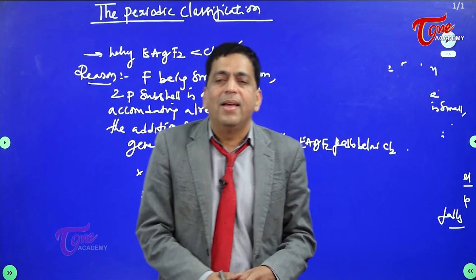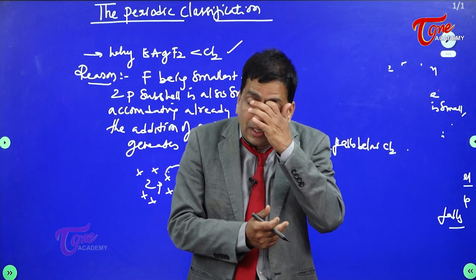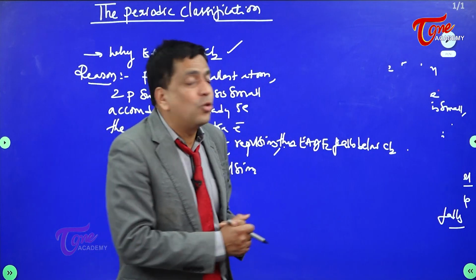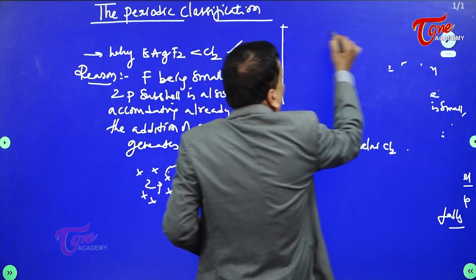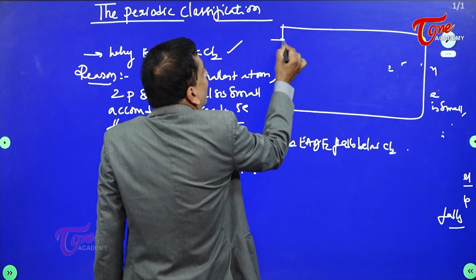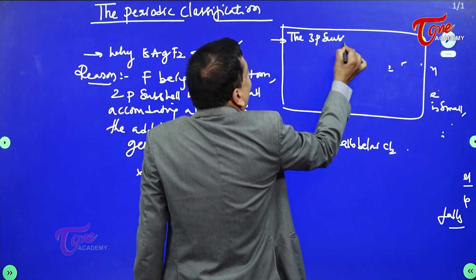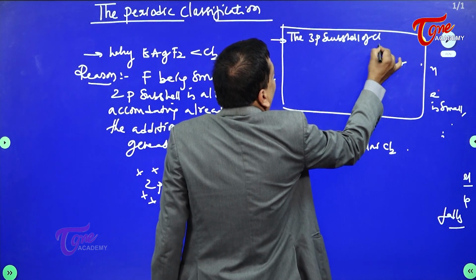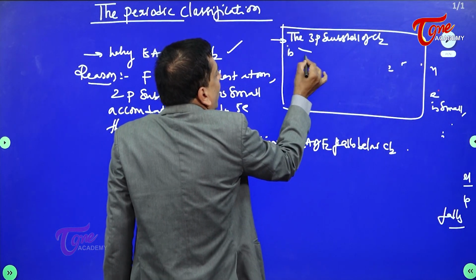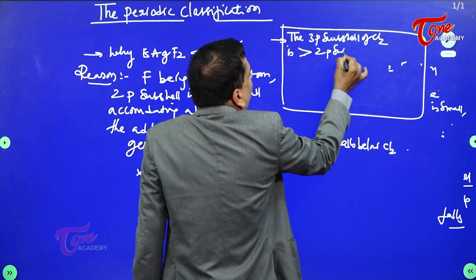You must understand. On the other hand, if you wanted to speak in terms of chlorine, you can simply say chlorine is bigger and the 3p subshell is greater than what? 2p subshell. I can write it like this. The 3p subshell of chlorine is greater than the 2p subshell of fluorine.